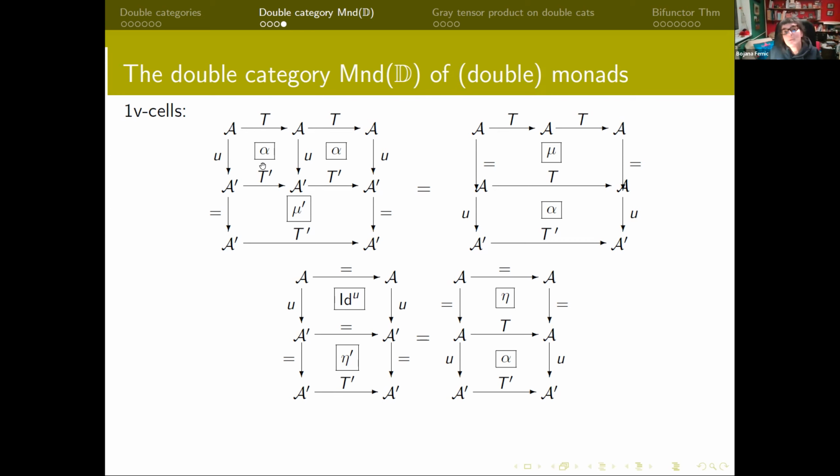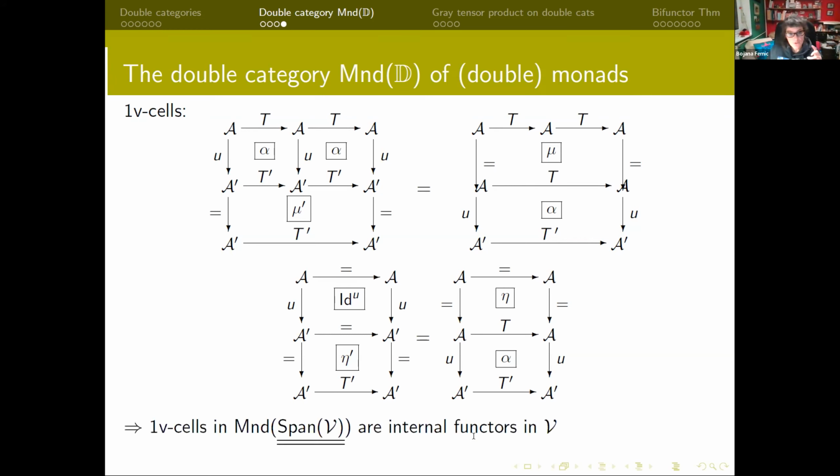It is a vertical monad map between one monad T and another T prime, whereas on the verticals there is a vertical one-cell U in the underlying double category D. And then it is the same to apply alpha twice and the multiplication of the second monad, or firstly the multiplication of the first monad and then alpha, and then this law for unities. It is actually a very natural definition.